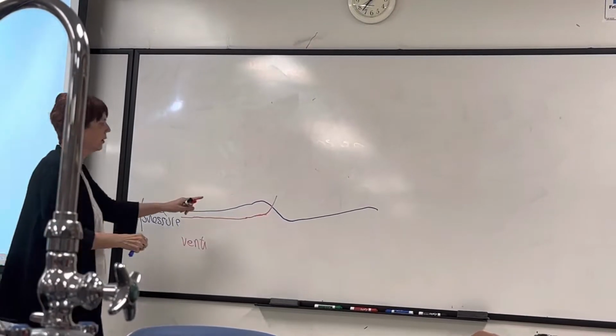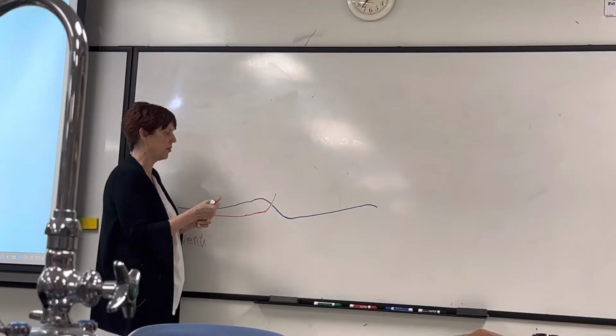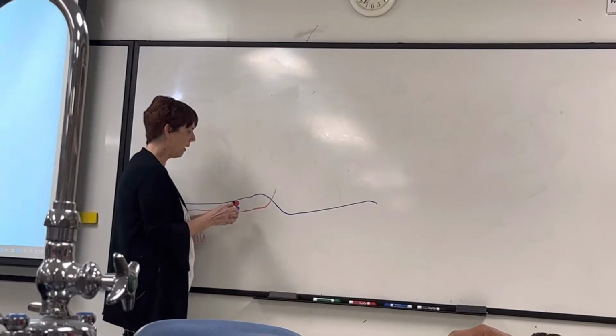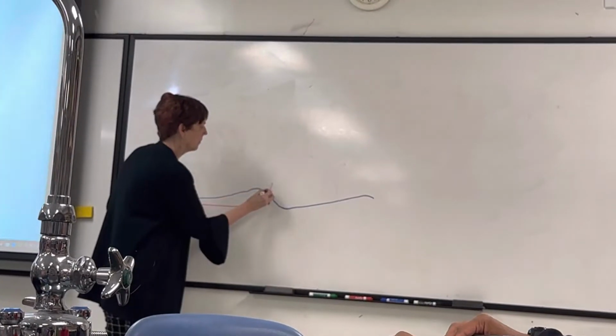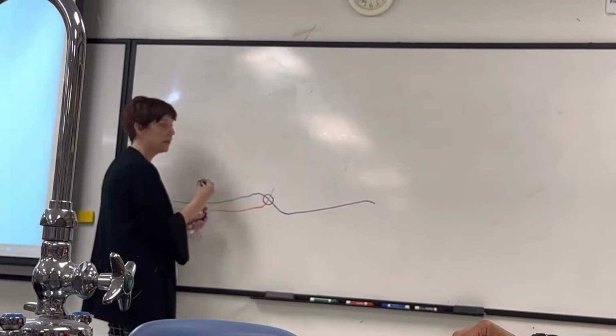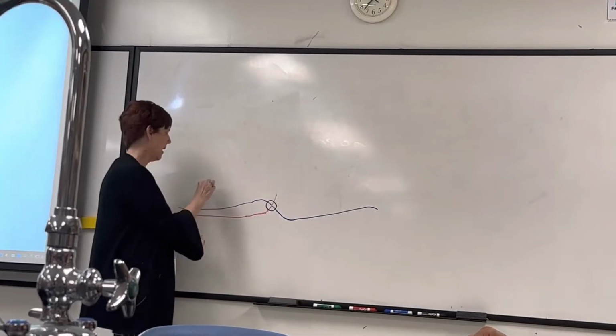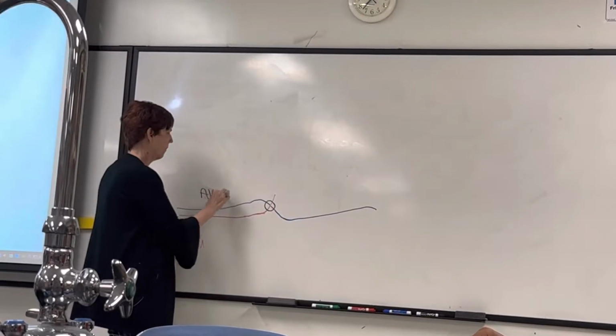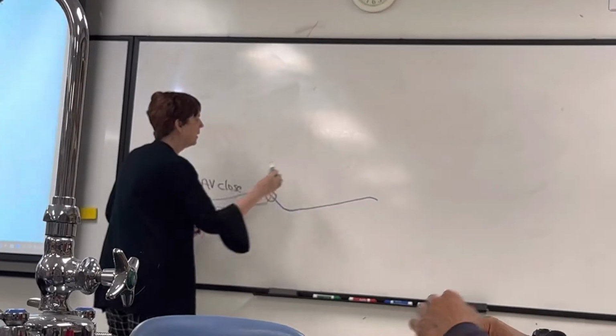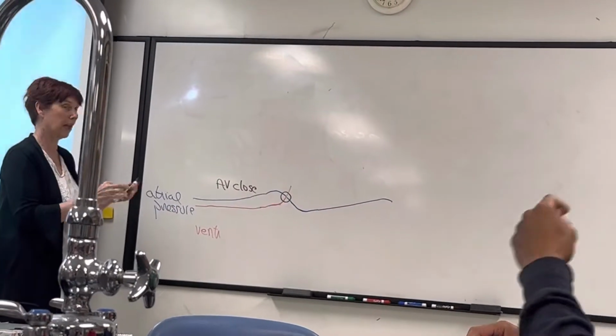As soon as ventricular pressure crosses atrial pressure and becomes higher, the AV valves close, and they remain closed until they open.